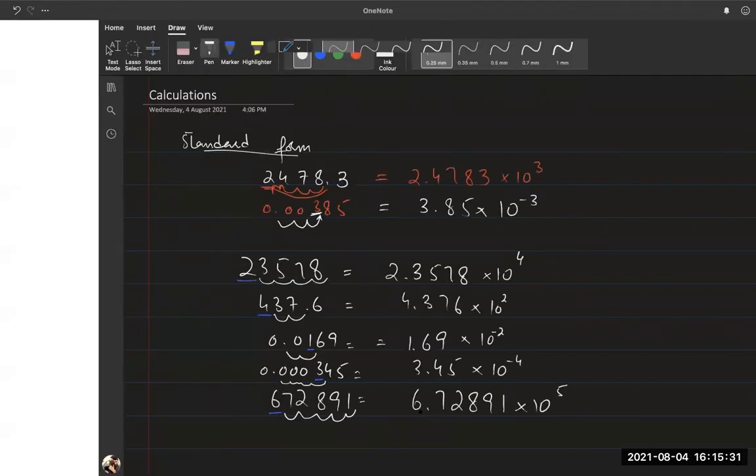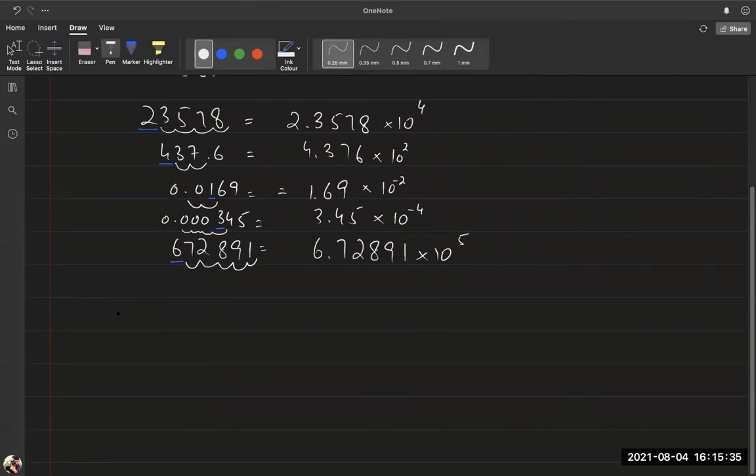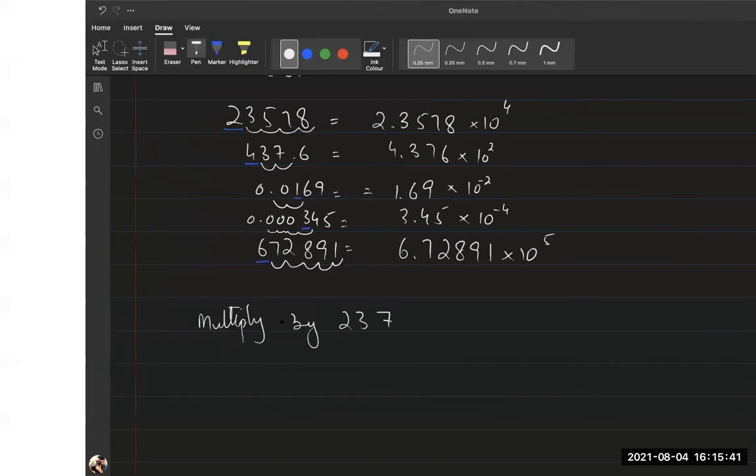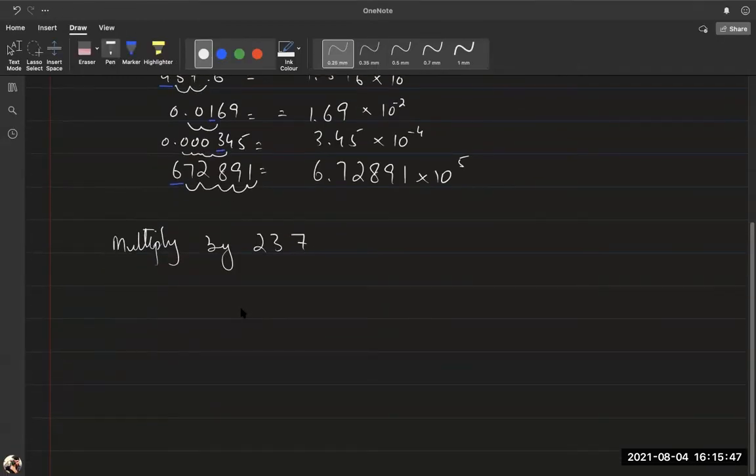All right, so now I'm going to write some numbers. What you have to do is multiply by 237, whatever number I write, and then tell me your answer in standard form. So I'm assuming you have a calculator now. So go on, multiply it by 237 and give your answer in standard form.